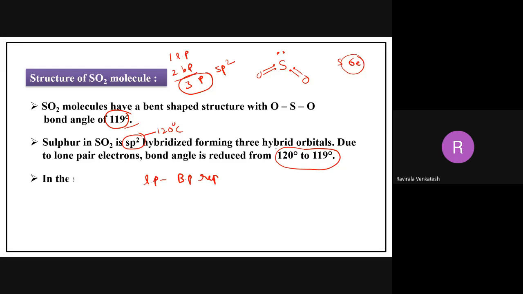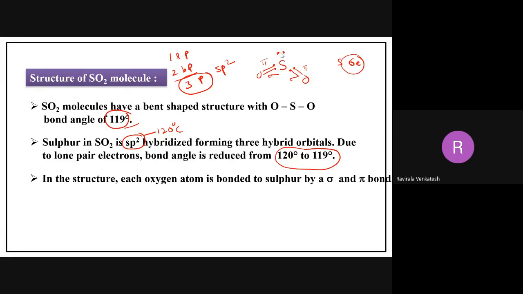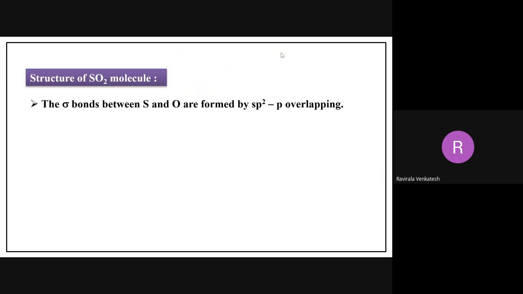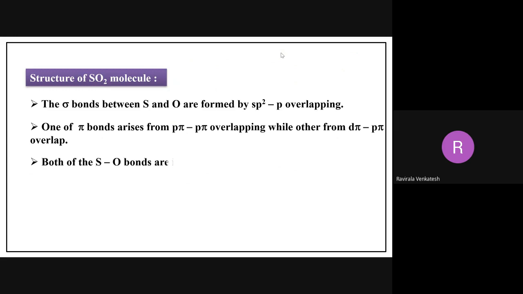Okay. Now in this structure, how many sigma bonds and how many pi bonds are there beta? 2 pi bonds, 1 sigma bond. Okay.